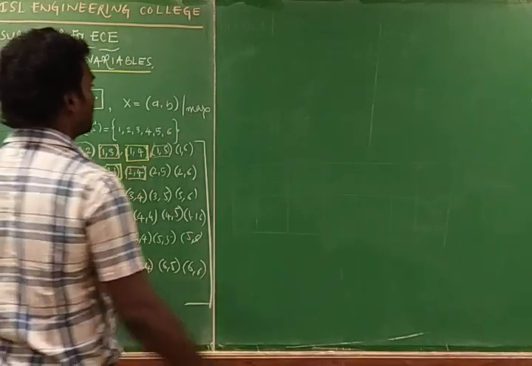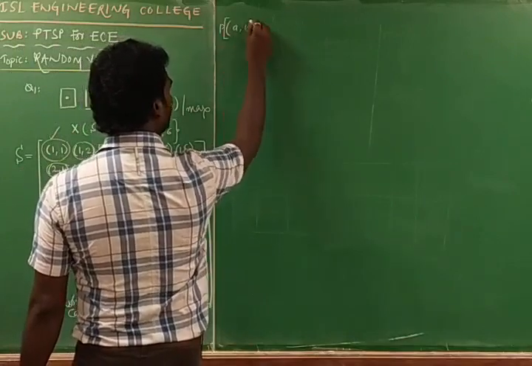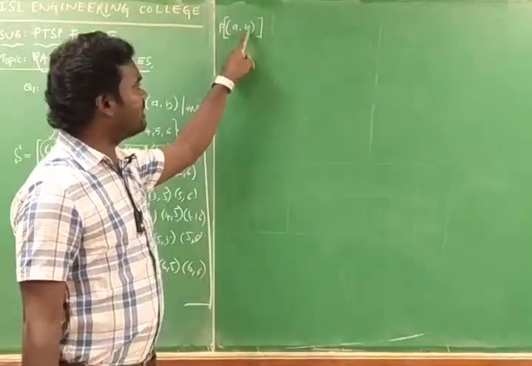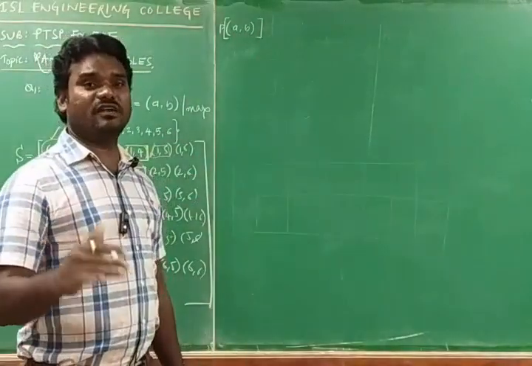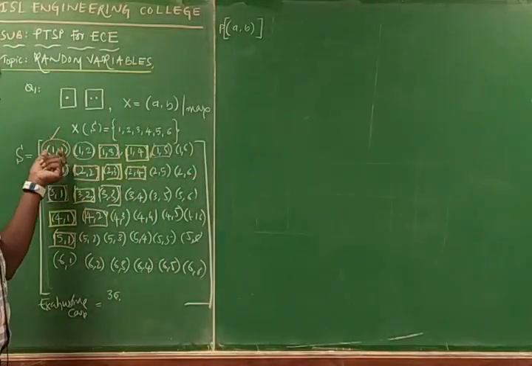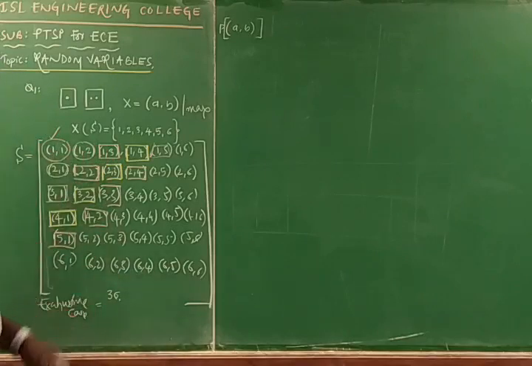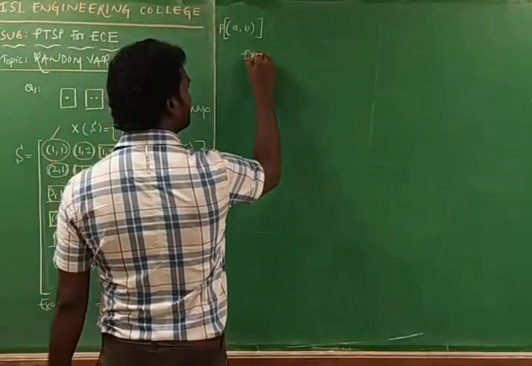Now we go with probability of a comma b, in which we will identify the maximum number in A and B. We will verify one particular combination, such that the interval should not have a number more than the maximum one. Let me go with an example.